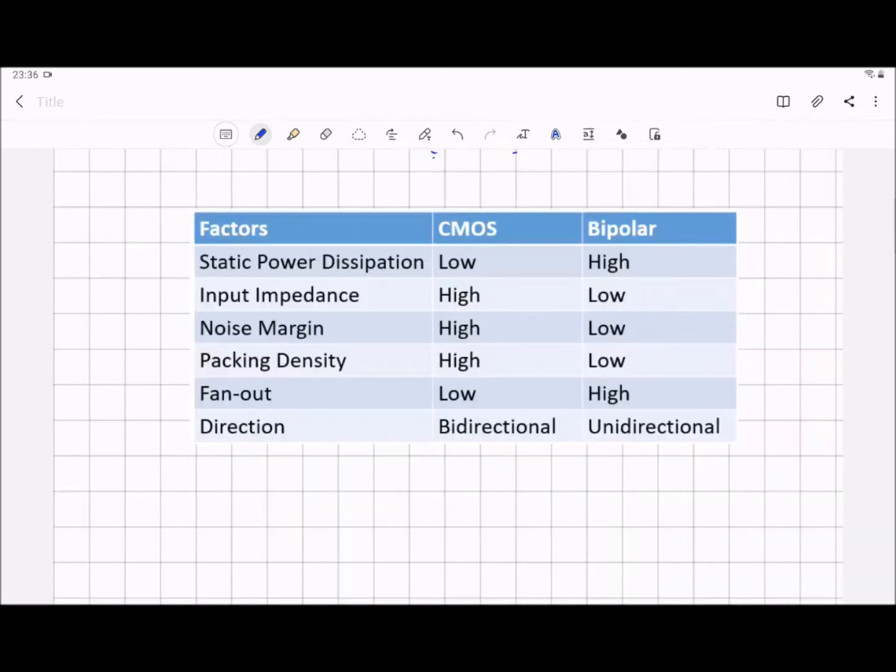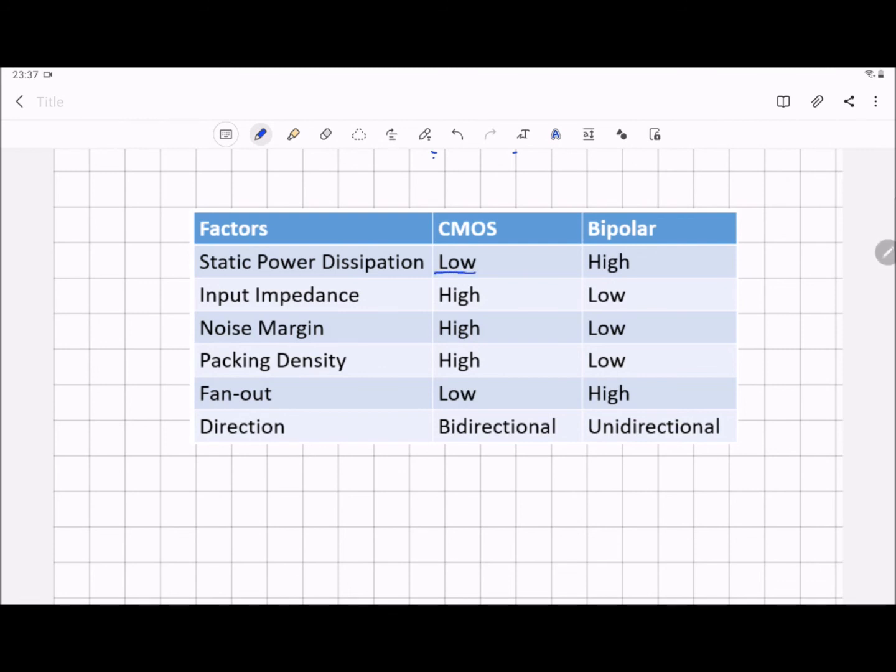Now I am going to compare CMOS logic versus BiCMOS or BJT based logic. In CMOS logic, we have either the pull up network on or the pull down network on. So we never have a direct, low resistance path from VDD to ground, and hence it offers negligible static power dissipation.